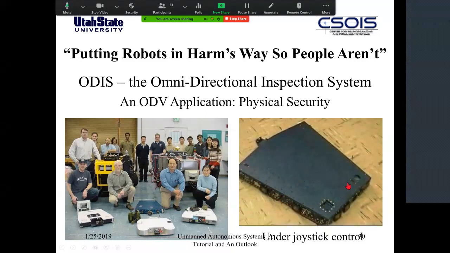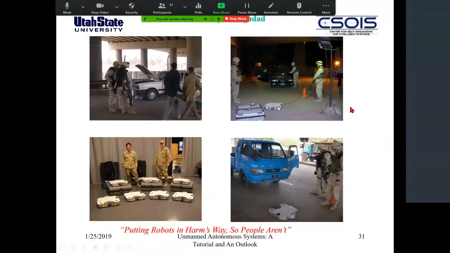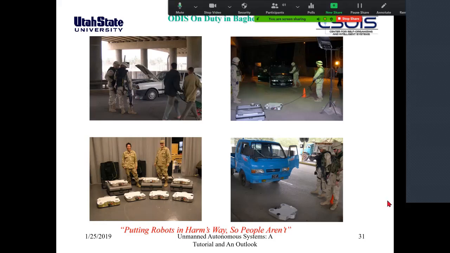It's actually widely used in Baghdad, at street checkpoints, on duty. So it's real. This whole system is an unmanned autonomous system, but there is a man in command when needed.